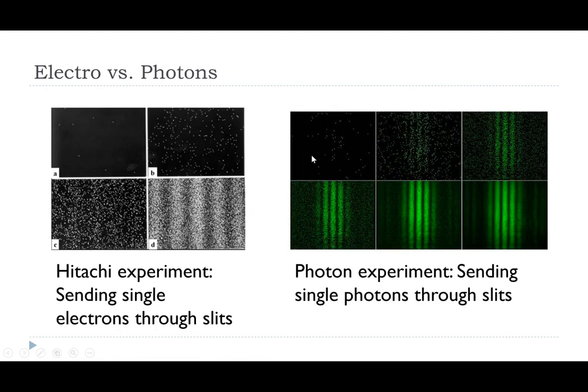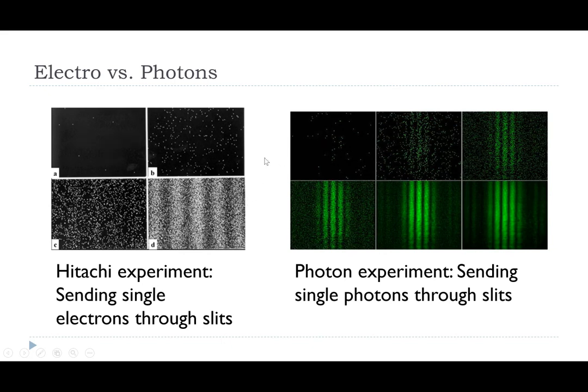So here we see two different experiments. We'll come back to this idea of what a photon is. But here's the results of the Hitachi experiment. So doing this double slit experiment with electrons. And here's the result of doing the double slit experiment with light. So both of them create interference patterns.